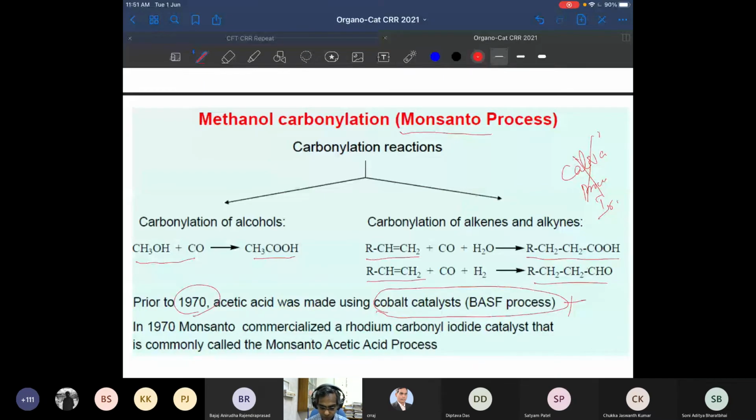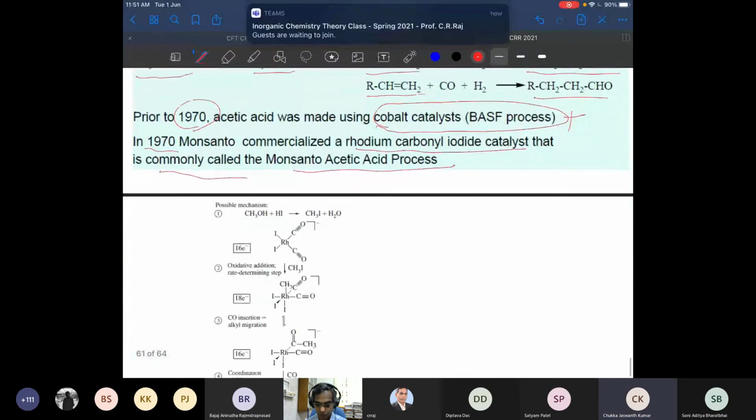From 1970 onwards, Monsanto commercialized the rhodium carbonyl iodide catalyst, and it is commonly called the Monsanto acetic acid process. So do not get confused. What we do here is use a homogeneous catalyst based on rhodium to carbonylate a substrate to synthesize acetic acid. I hope you are getting it.